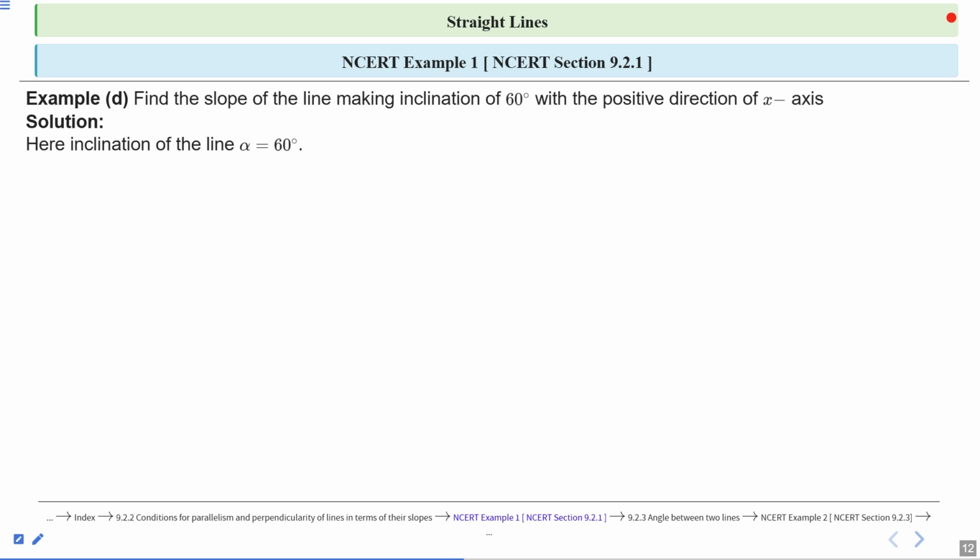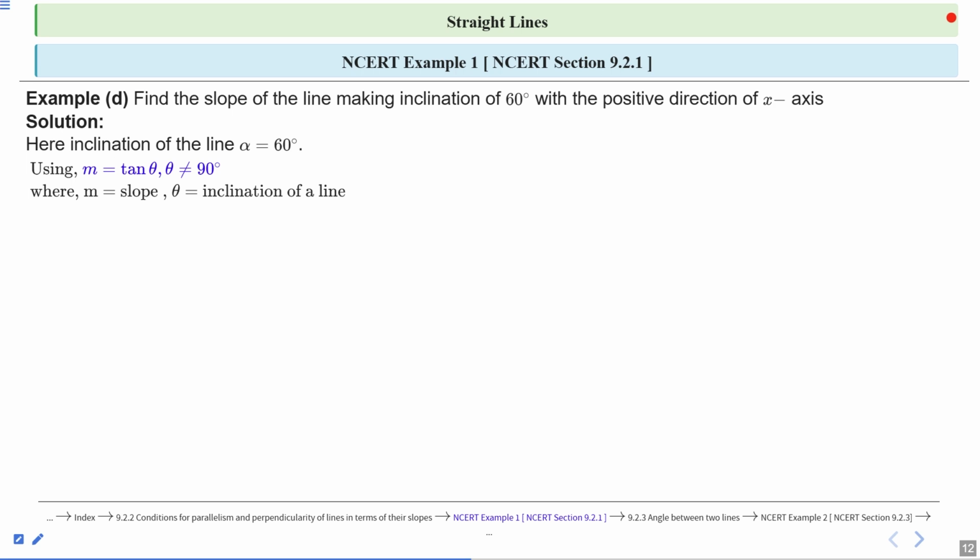So here the inclination of the line, alpha, is equal to 60 degrees. Given the inclination of the line alpha equal to 60 degrees, we use the formula m equal to tan theta, where theta does not equal 90 degrees. Why?